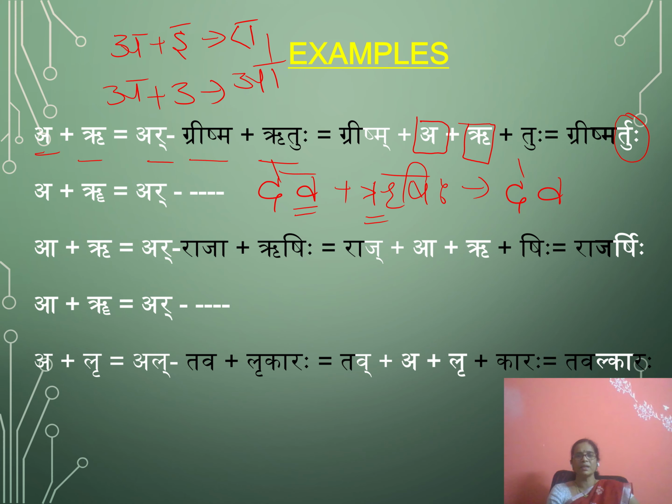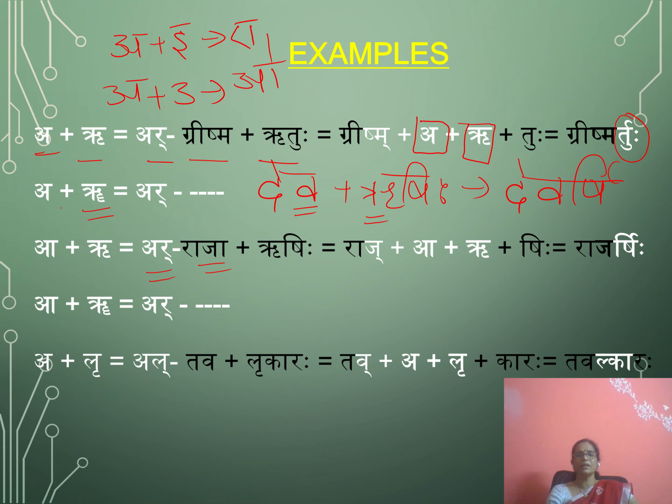Then by adding these two, you get Devarshihi. And for the combination of a plus ru, the words which start with ru are very rare, so there is no example for that. And for the combination of long vowel a and r, we also get r.